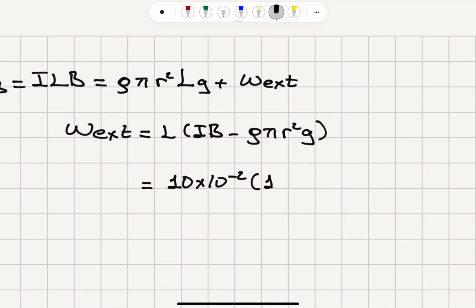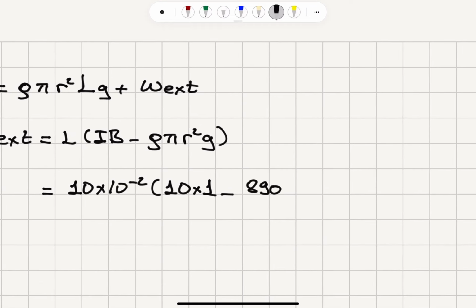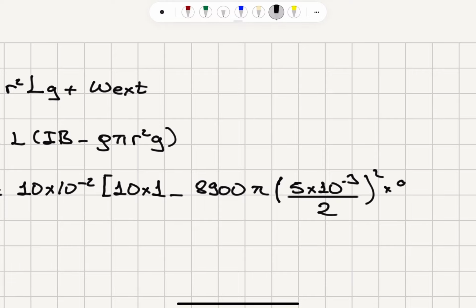The current is 10 amps, magnetic field is 1 Tesla, minus 8,900 kilograms per meter cube, pi, the radius squared, so let's make this a square, parentheses, the radius squared, 5 times 10 to minus 3 meters, the diameter, divided by 2 squared, multiplied by 9.8 meters per second squared.